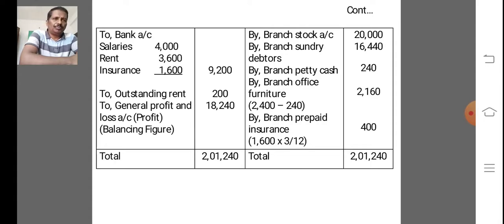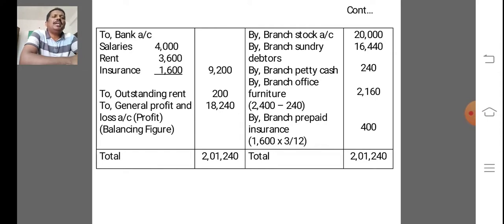And credit the closing assets: branch stock account 20,000, branch sundry debtors 16,440, branch petty cash 240, branch office furniture 2,400 with an adjustment: 10% depreciation is 240, total 2,160.